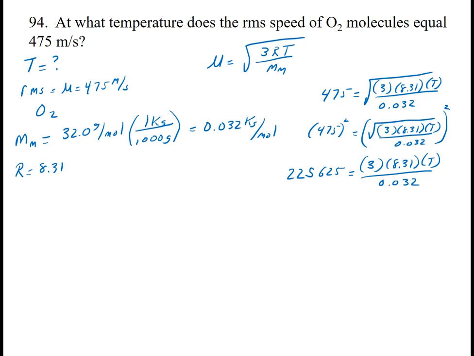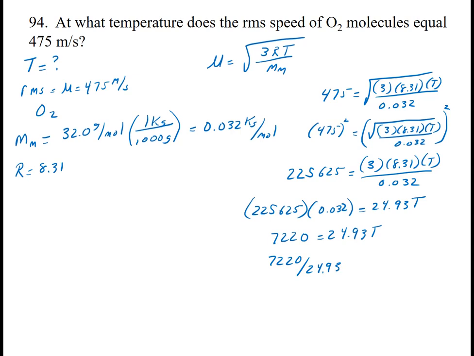I'll multiply both sides by 0.032. 225,625 times 0.032 is 7220, and 3 times 8.31 is 24.93, so 7220 equals 24.93 T. Now I divide both sides by 24.93, so 7220 divided by 24.93 equals T. T is 289.6, and the units for temperature is K. And that is how you do that problem.